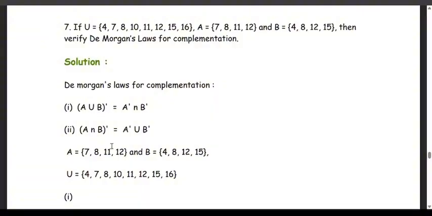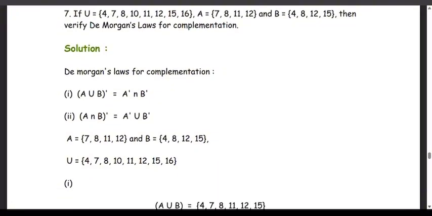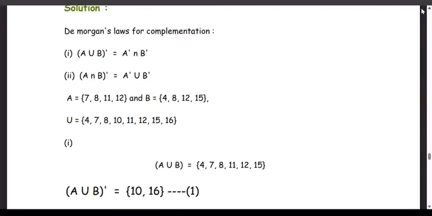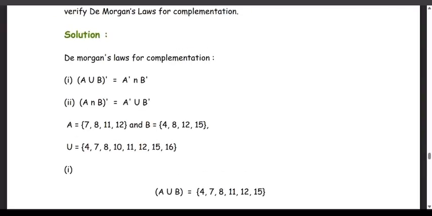What is A union B? When I find A union B, I have my A to be that, I have my B to be that, and of course, when I combine that with that, my A union B equal to that. So if my A union B equal to that, I want to find the complement of this one. If I want to find the complement, then I will actually be referring to the universal set.